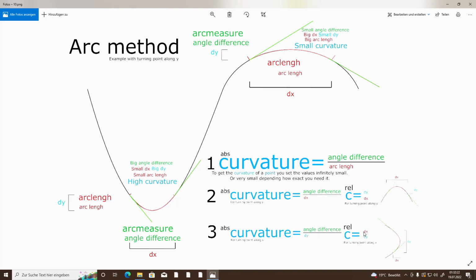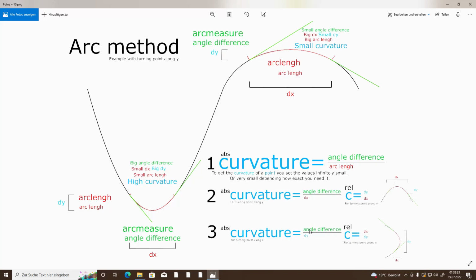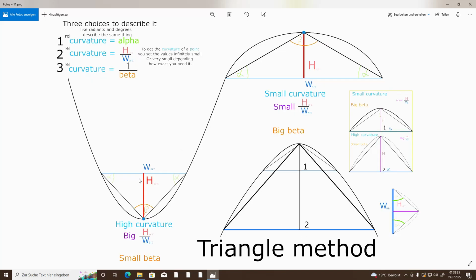When the axis switches, they switch too. But in this case, these two switch automatically. So I think this one you could also calculate with W and H.